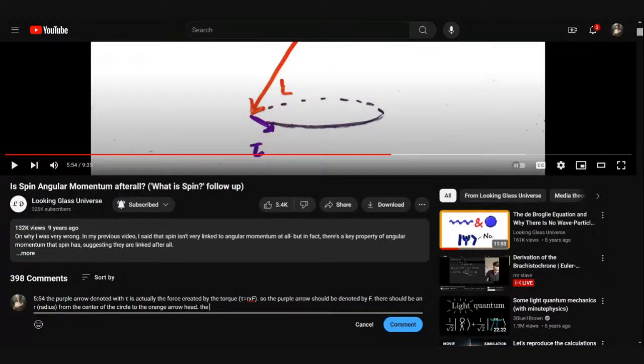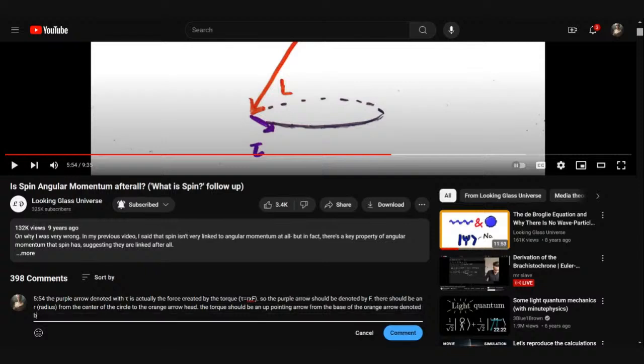The torque should be an up pointing arrow, it doesn't matter where, from the base of the orange arrow, denoted by tau. Okay, and that's all at 554.